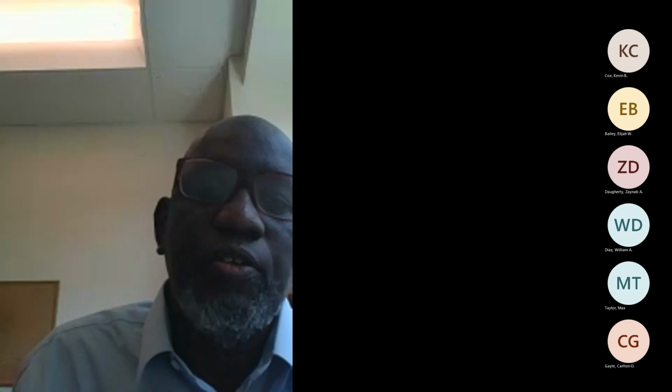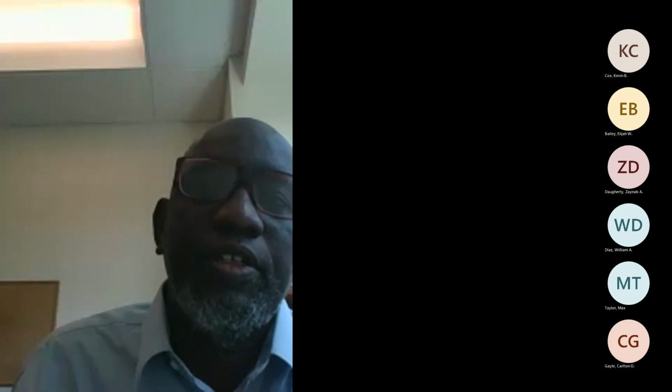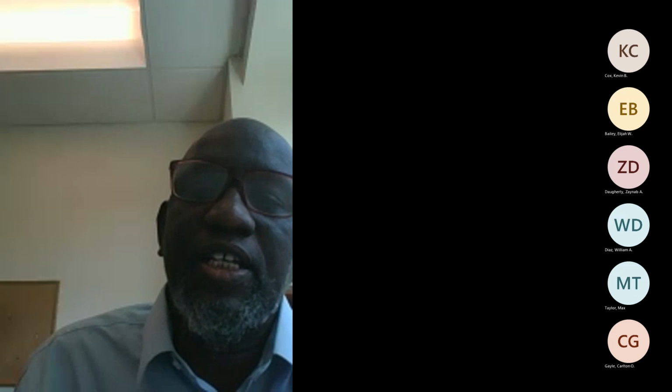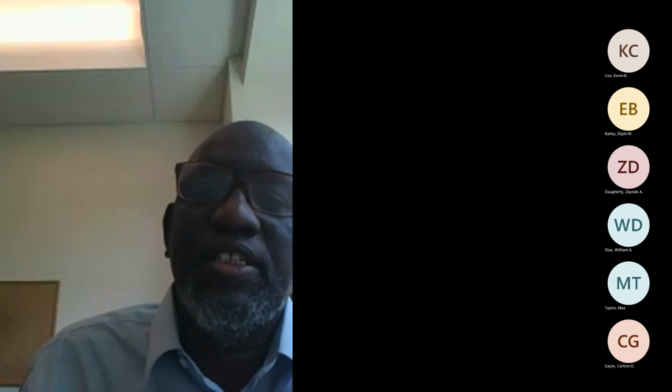So we're going to go ahead and continue our inverse. We were talking about the inverse of a function. We defined what a one-to-one function was last time.